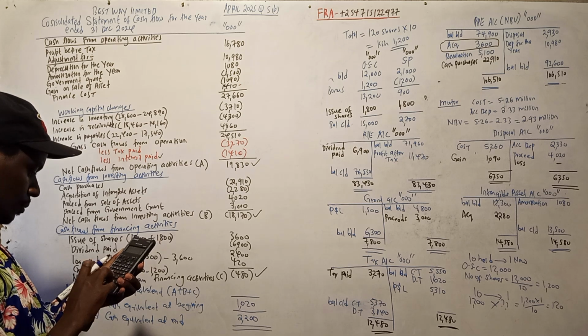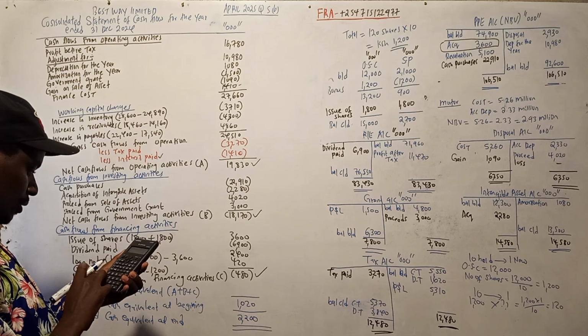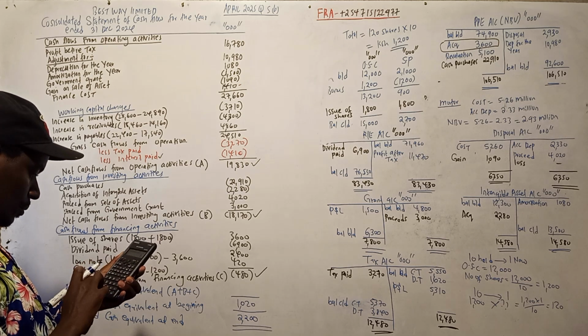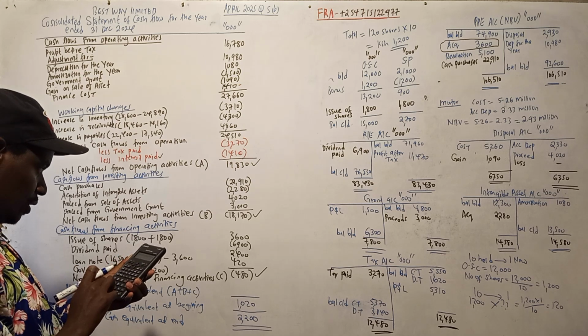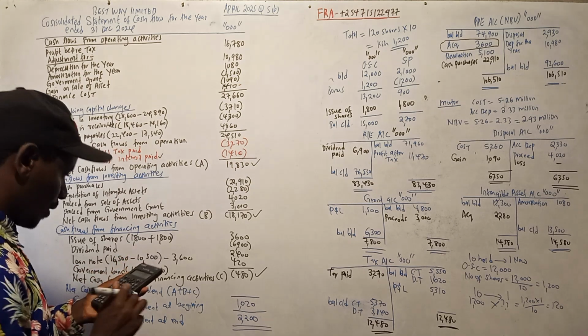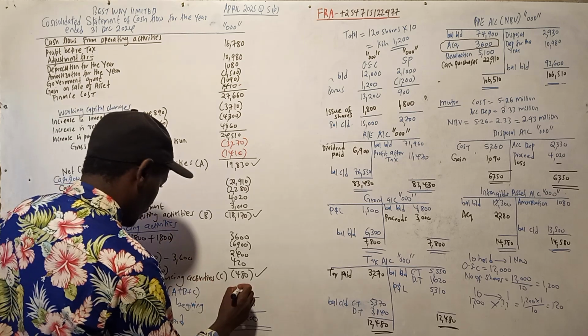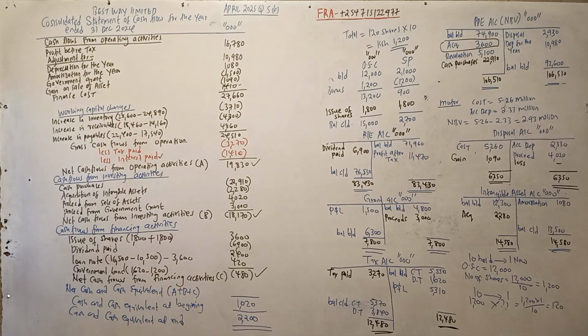So let us add them. 1930 minus 18, 170 minus 480. I'm getting 1180.